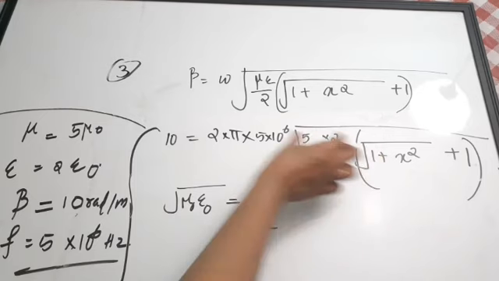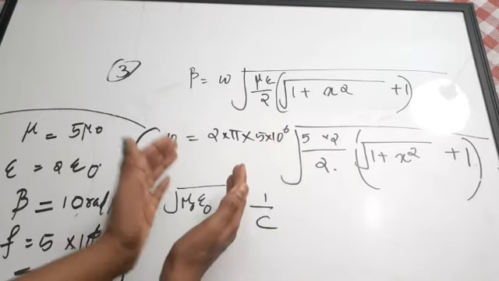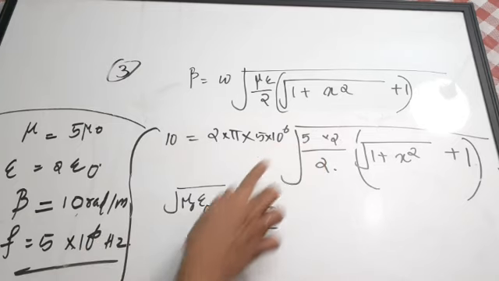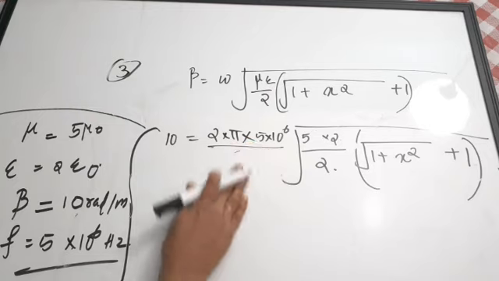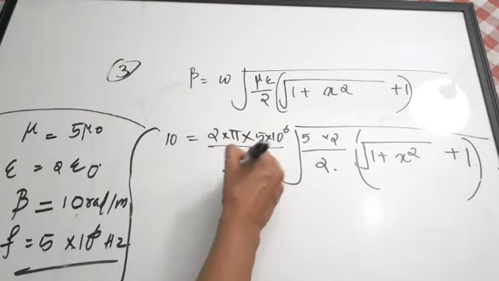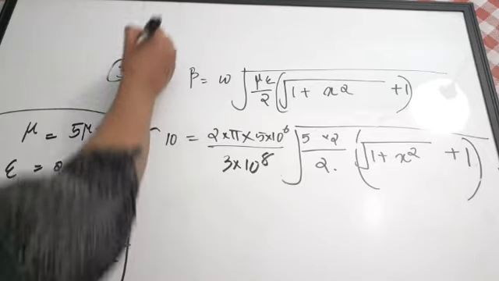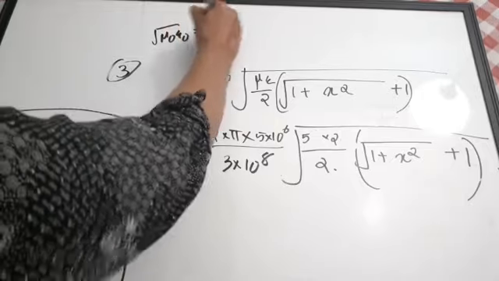So we can remove this and write it separately, not taking it outside the square root. Along with this square root, mu 0 epsilon 0 is 1 by c, so you can write it as 1 by c here. c is 3 into 10 raised to 8. Just remember, square root of mu 0 epsilon 0 is equal to 1 by c.